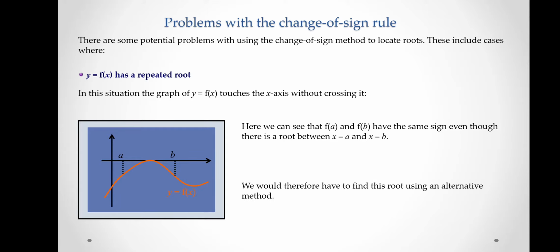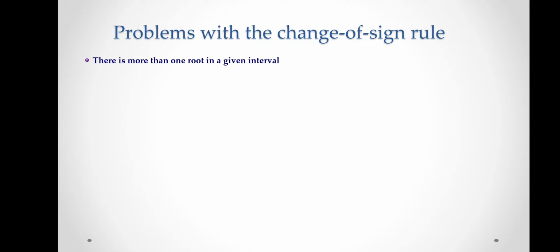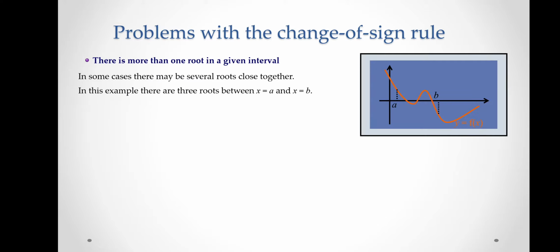So then we have a problem with this sign change rule. If there is more than one root in a given interval, then also it can be a problem. See, I am going to take the interval a and b.